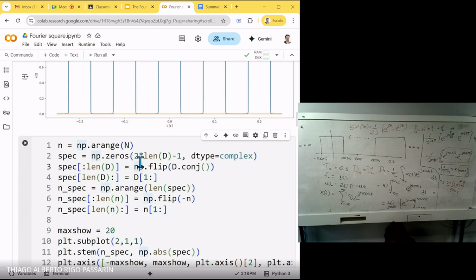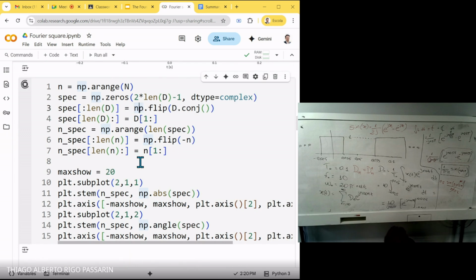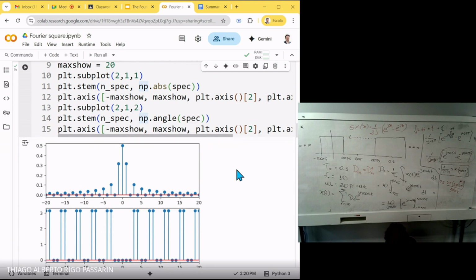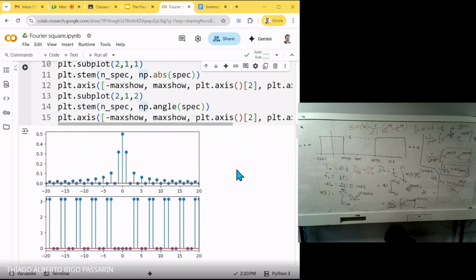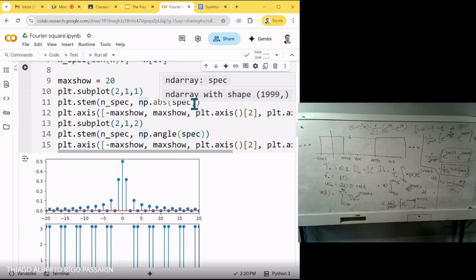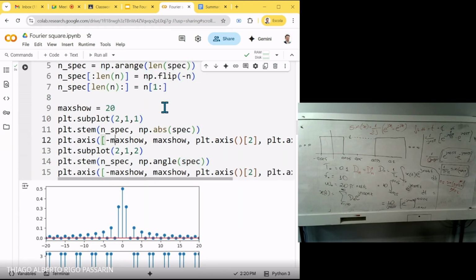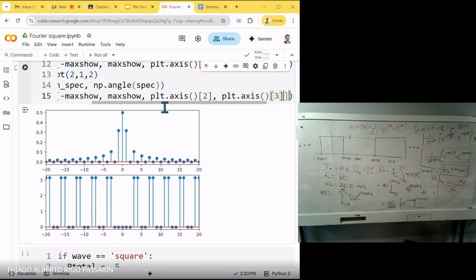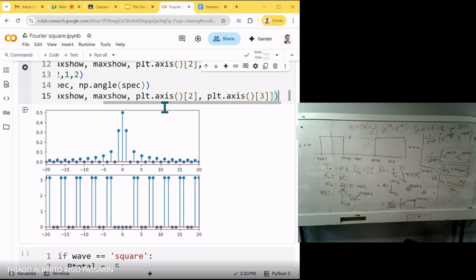Let's just plot the coefficients. Not 1,000, now I'm plotting from minus 20 to 20. Okay, this is it. Actually, these coefficients for this function are purely real, so we don't need to divide the graph in magnitude and phase.